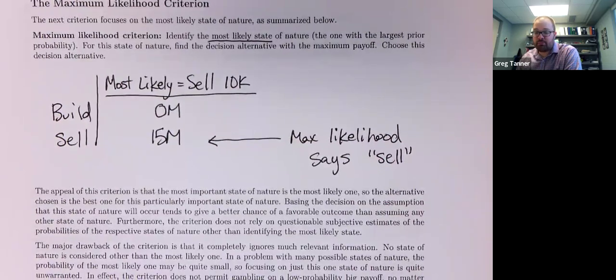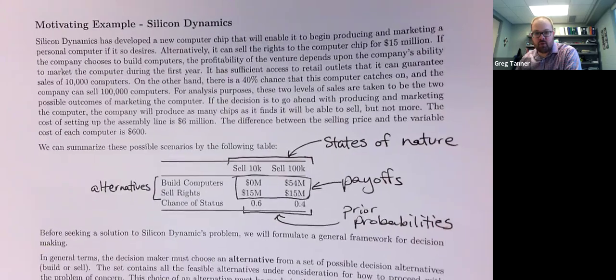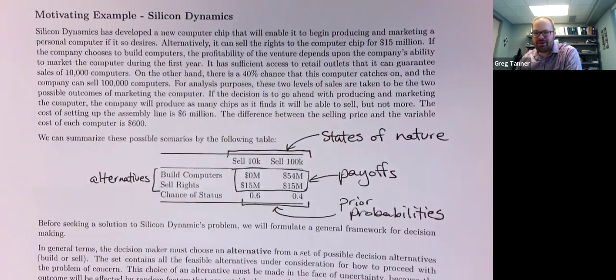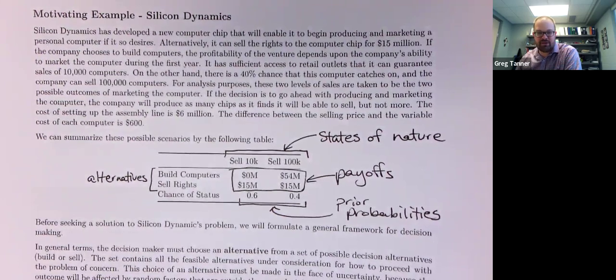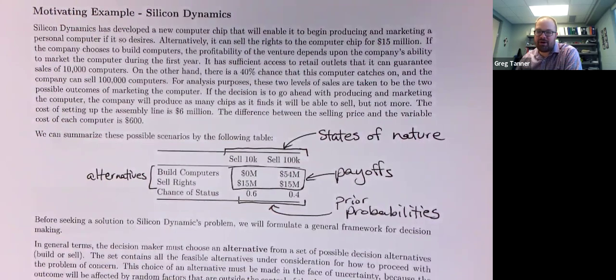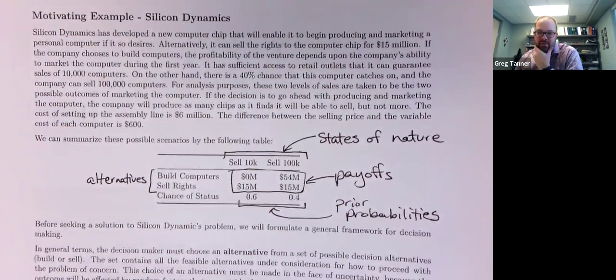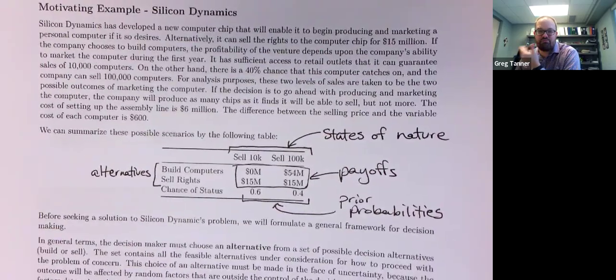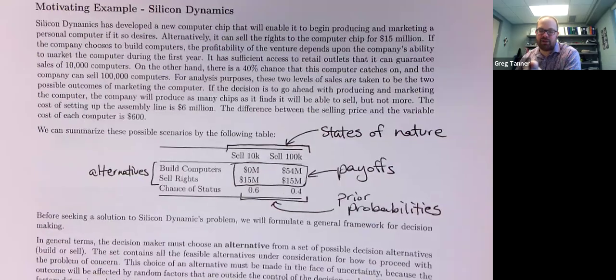Some pros of this approach are that sometimes the prior probabilities, the 60% and 40% that we see there, are a little bit subjective. Well, they're always subjective, I'll say. They might be based on past experience, which gives them maybe some basis, but still it's always an assumption that the past will play out in the future.